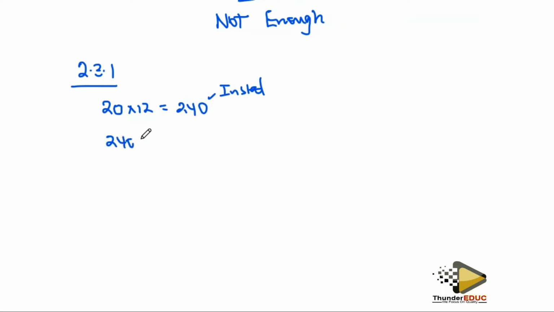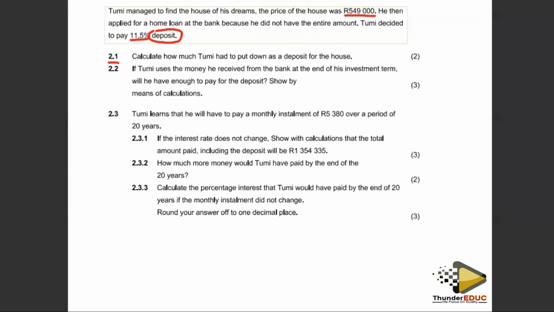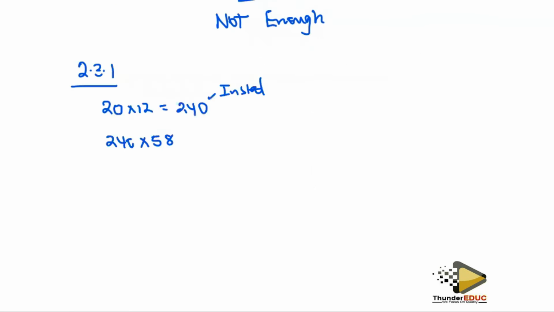Each installment was worth 5,380. So all in all, how much do we have? We write it down. We have 1,291,200 rands. You see that? Plus the deposit. Now take note.